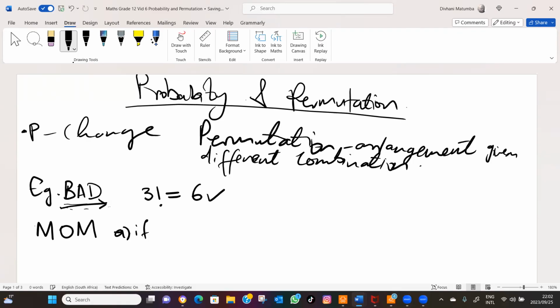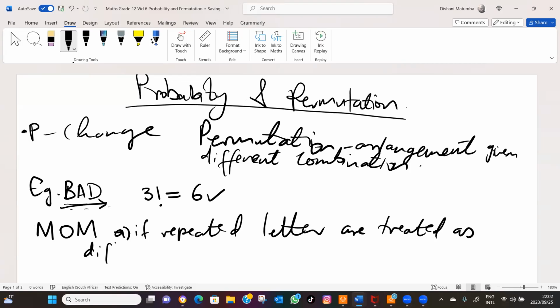Number A: if the repeated letters are treated as different letters, then we apply this rule for number A. Therefore, we have 3 factorial combinations, which is 6.